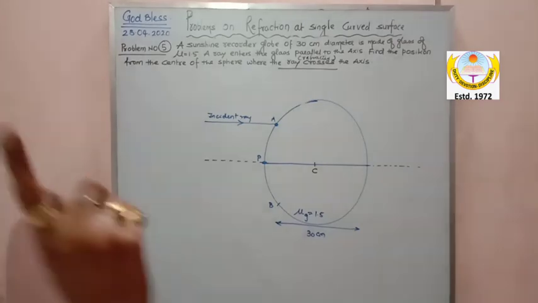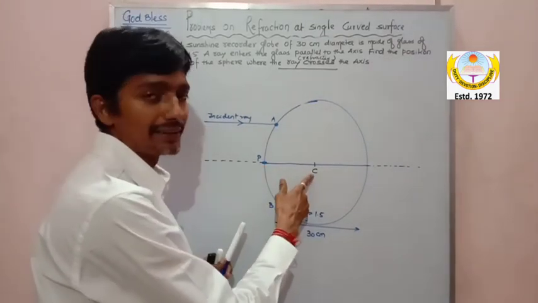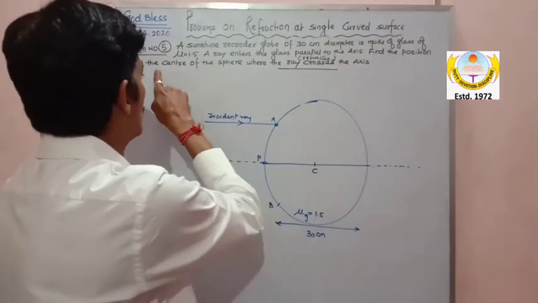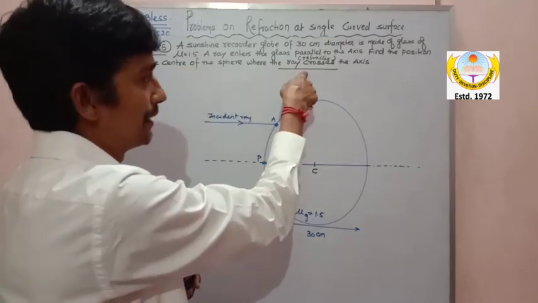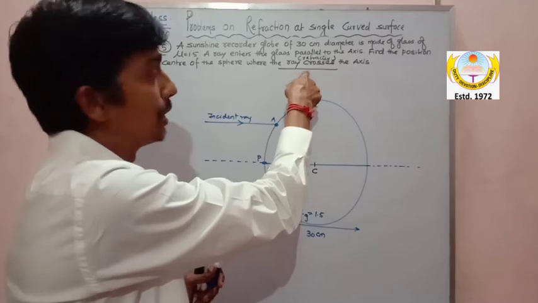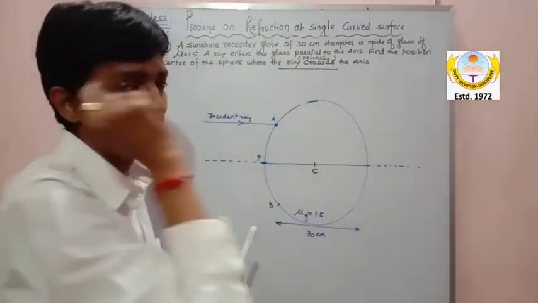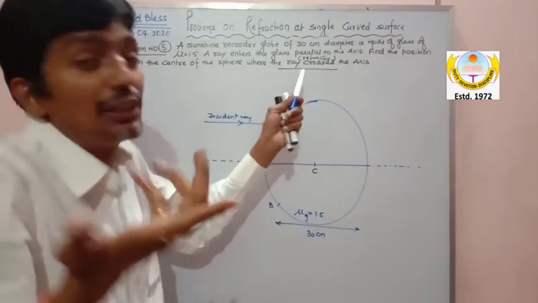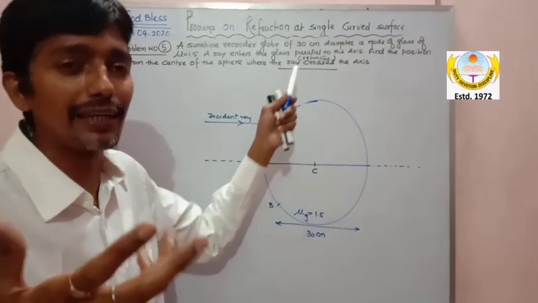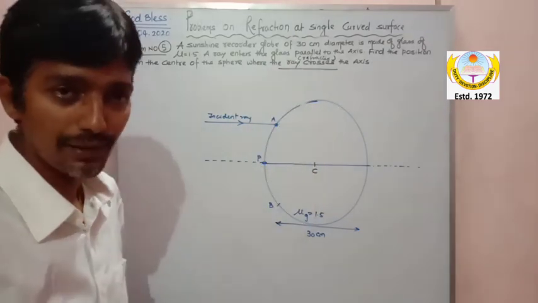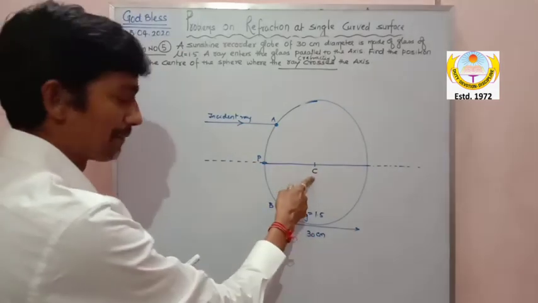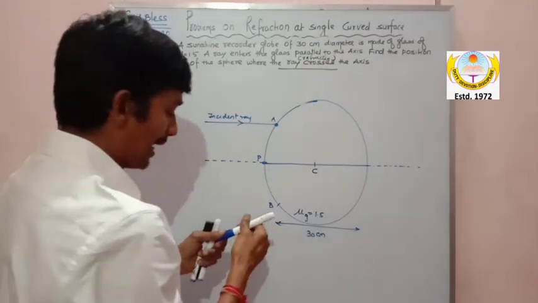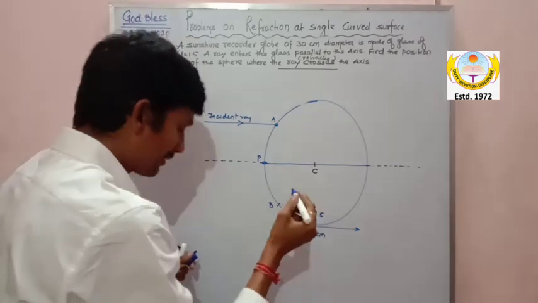So please make a note of this, that you have to measure the distance from the center of curvature. But here there is a small logic. Which ray? The refracted ray, because that refracted ray forms an image. And you have to measure from C. Generally we measure from the pole, but right now you have to measure from C. Now my dear, I hope you know what I am supposed to do.